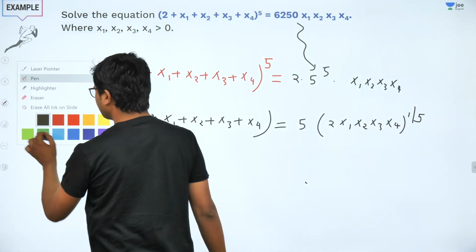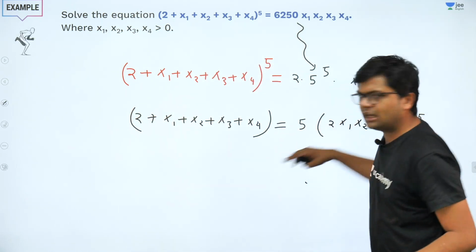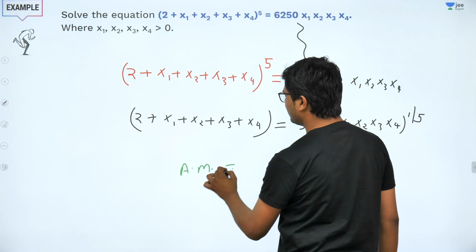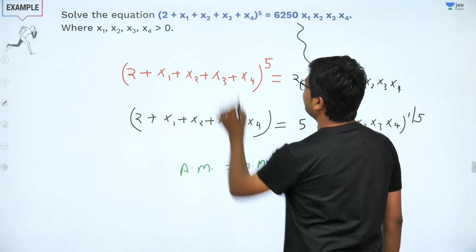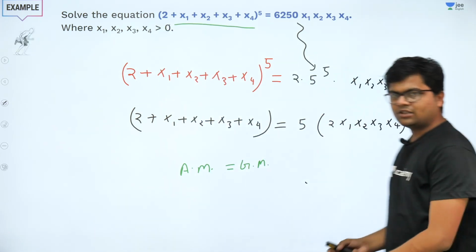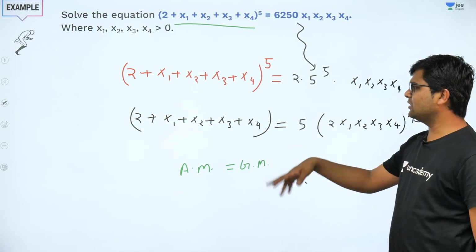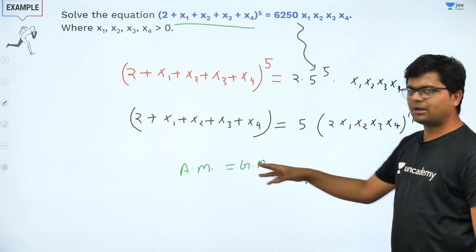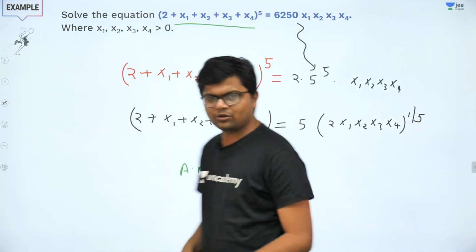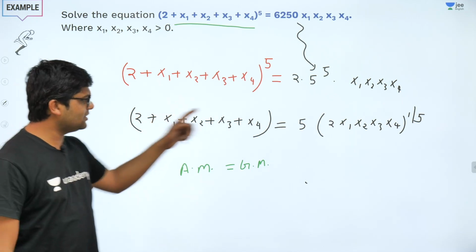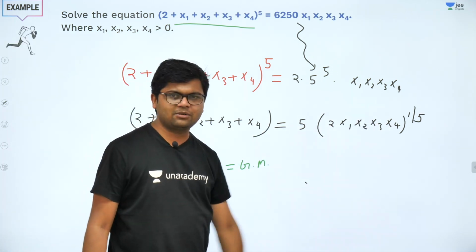And if you take the 5 in the denominator, it will become AM equal to GM applied on these numbers. The moment you take 5 in the denominator, it will become 2 plus x1 plus x2 plus x3 plus x4 divided by 5. So that will create the arithmetic mean of these numbers, AM, and this is the geometric mean of these numbers.